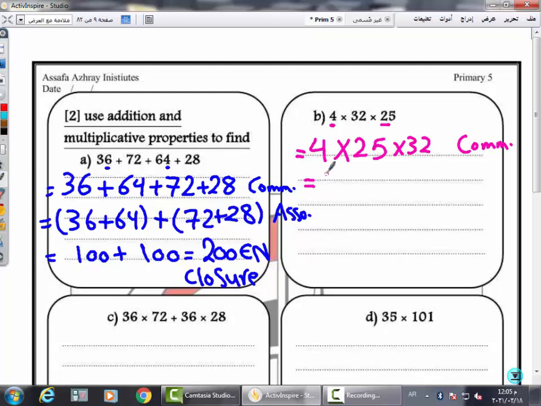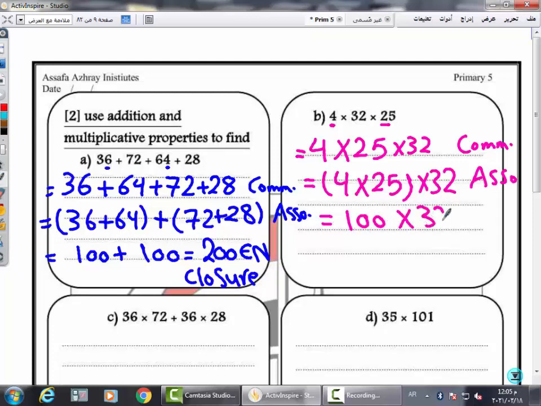And we put 4 by 25 between brackets times 32, which is called associative, and make the result. We will multiply: 4 by 25 equals 100, and we put 32 as it is. The result will be 3,200, which belongs to N. This is called the closure property.